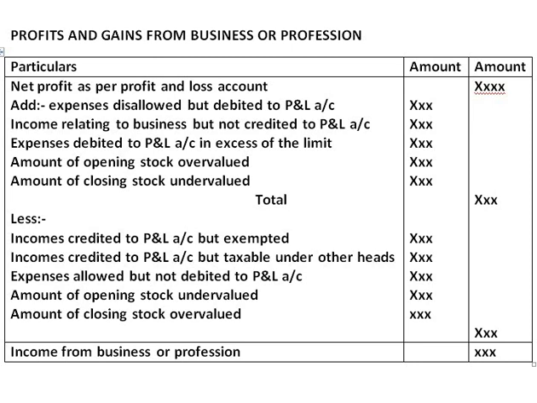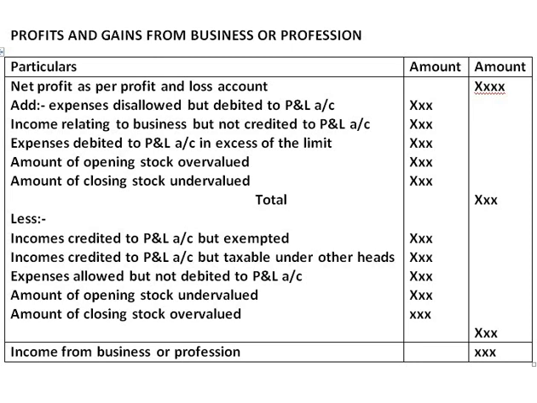Next, amount of opening stock undervalued. In case of opening stock undervalued, we have to deduct it, whereas in case of opening stock overvalued, we added it. Similarly, the amount of closing stock overvalued has to be deducted, whereas the amount of closing stock undervalued was added to the net profit.